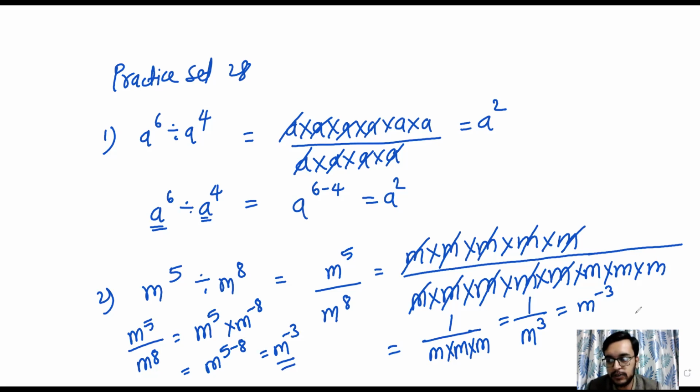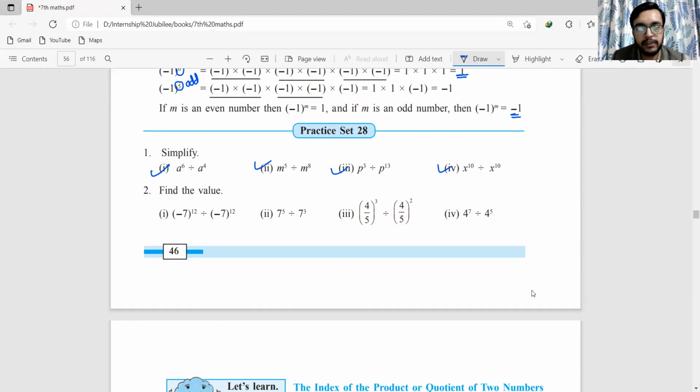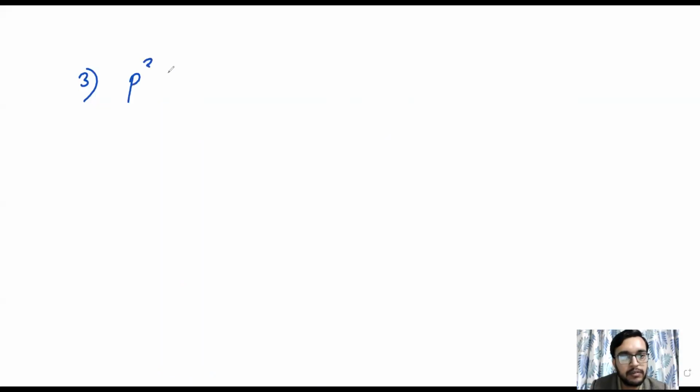Now let's try to solve the third question. The third one is p cube divided by p raised to power 13. This can be solved as p cube upon p raised to power 13.